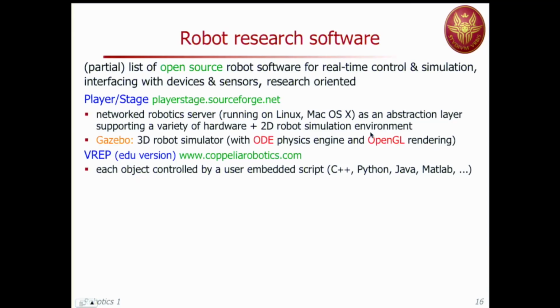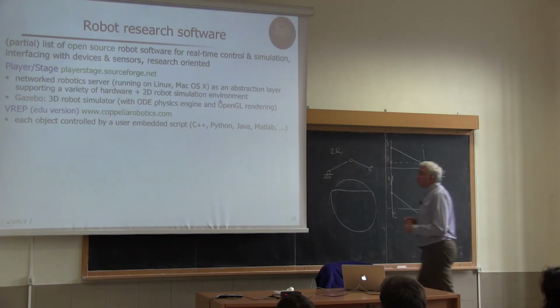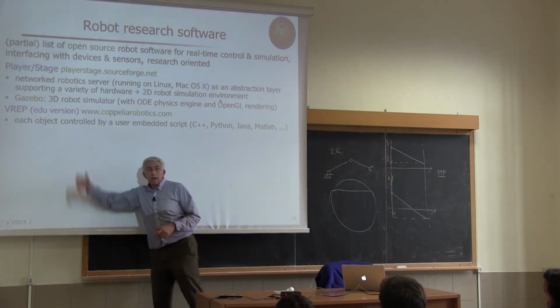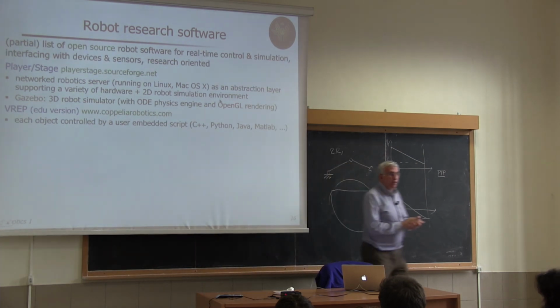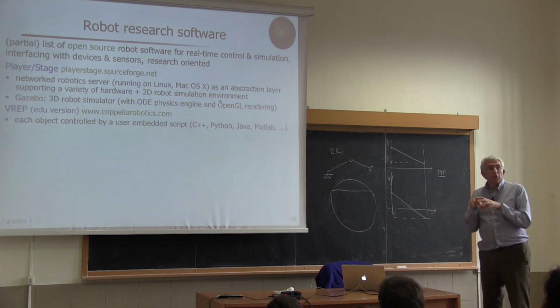Or you can use VREP, as I said. VREP is not free in its full version. It's produced by Coppelia Robotics. I think it's a Swiss-based company. But there's an educational version that is free, and it's enough for our needs or your needs. And in this case, every body or object that you can define in CAD has embedded its own controller.